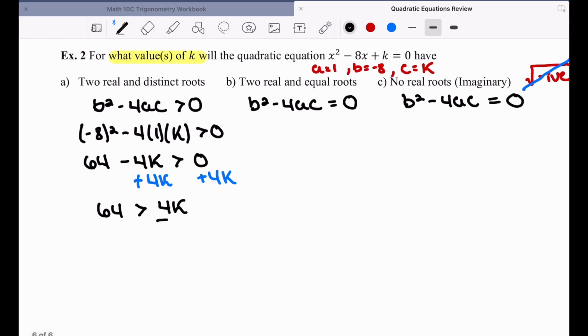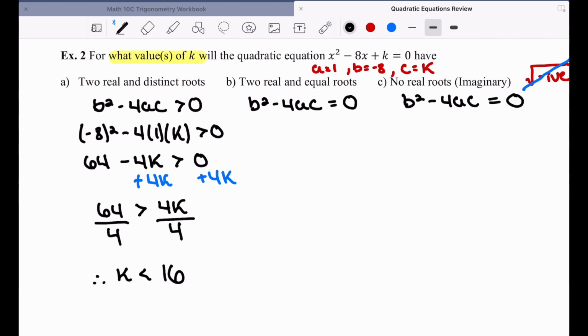And now if I divide by 4, therefore, we get two real and distinct roots when k is less than 64 over 4. In this case, we can say that is equal to 16. So when k is less than 16, we know we have two real and distinct roots.